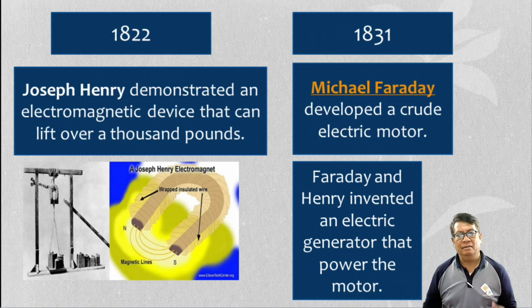Then Michael Faraday and Joseph Henry invented an electric generator that powers the motor. This generator is a machine that produces electricity, or simply a machine that converts mechanical power to electrical power, or mechanical energy to electrical energy, while a motor is a machine that converts electrical energy to mechanical energy.